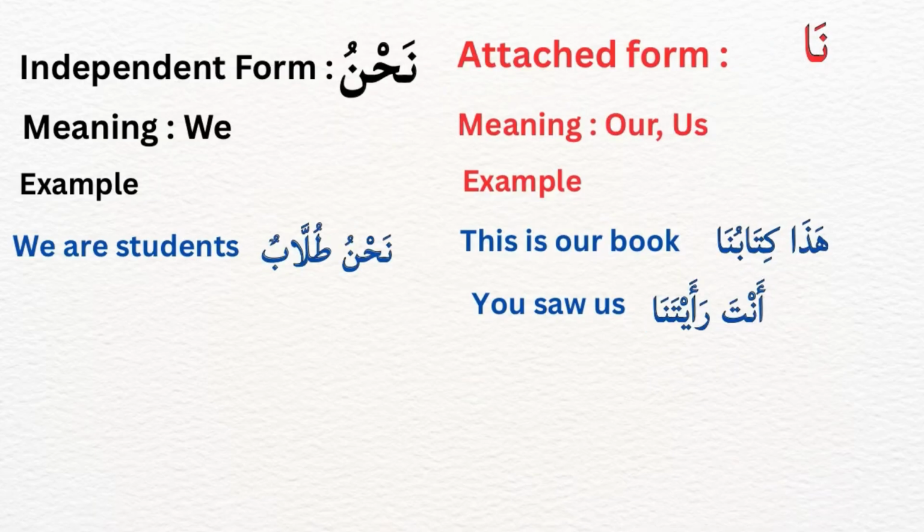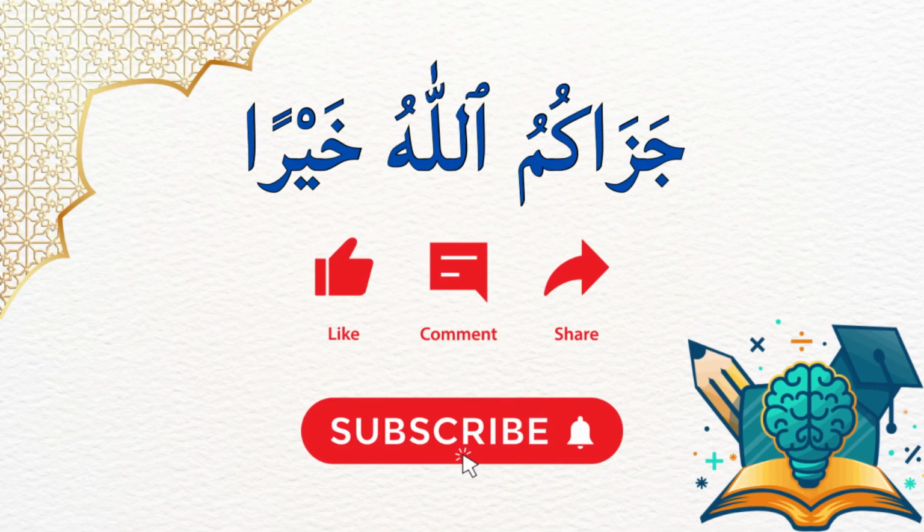Next comes نحن. The attached form of نحن is na, which means our or us. For example, this is our book. هذا كتابنا. You saw us. أنت رأيتنا. So this was all about all the pronouns.